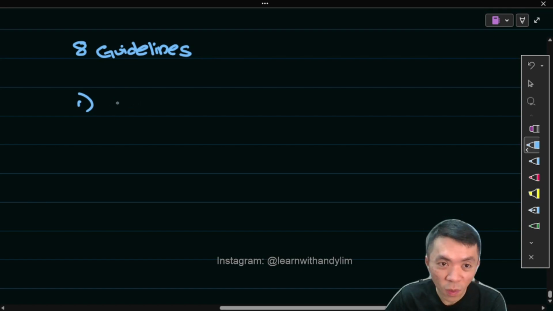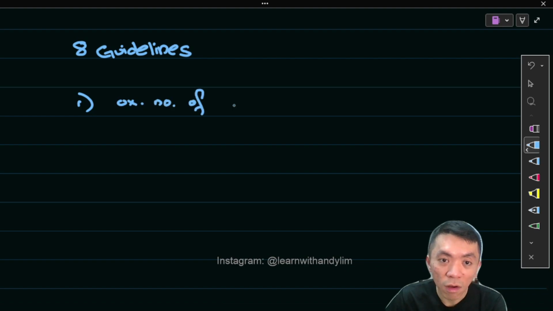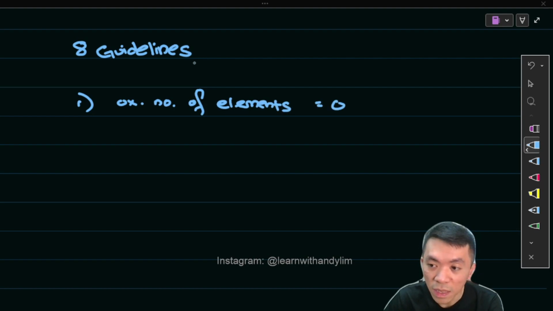The first one: oxidation number of elements is always equal to 0. An element is a pure substance that consists of only one type of atom.